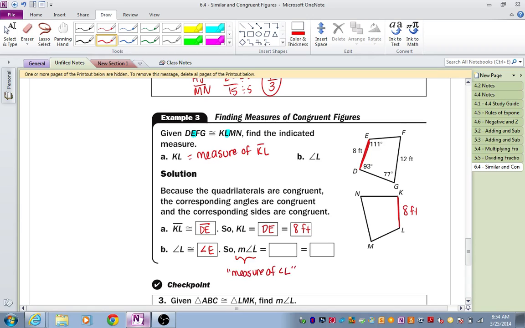When you have the M with the angle, it's the measure of the angle L. So we're going to say that equals the measure of angle E. Angle E is right here, which is 111 degrees. So the measure of angle L is 111 degrees.